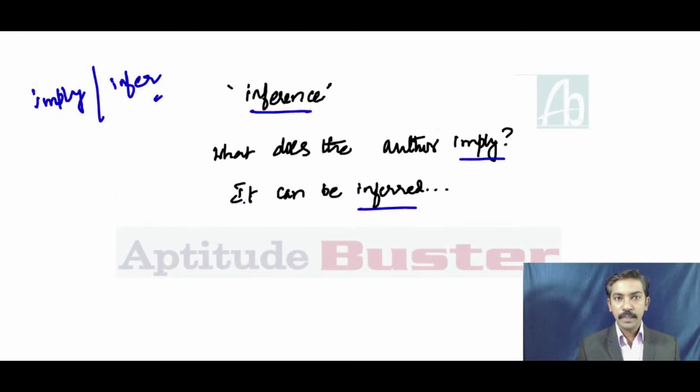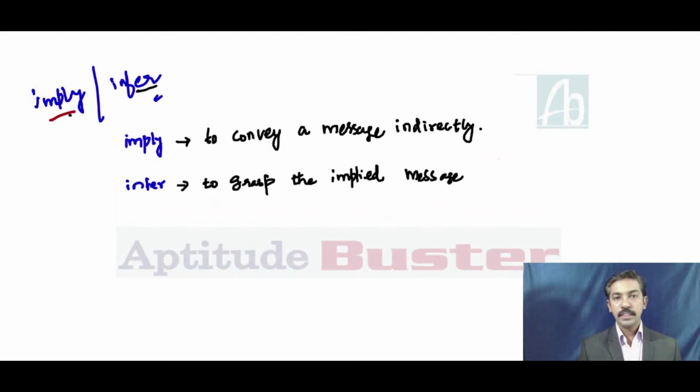For you to understand better, I'll give you the meaning for the words imply and infer. Imply means to convey a message indirectly, to say something. The word infer means to grasp the implied message.